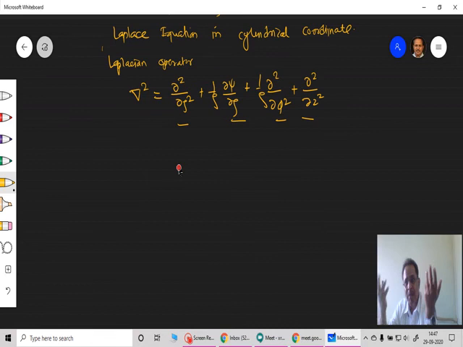Maybe in future some new problem comes which we are not able to solve using these three types of coordinate systems, and you may need to go for another coordinate system, but that has not happened in the last 100 years. The picture is just the same over the last 100 years. So all these three coordinate systems which we are using nowadays are quite useful and sufficient for everything.